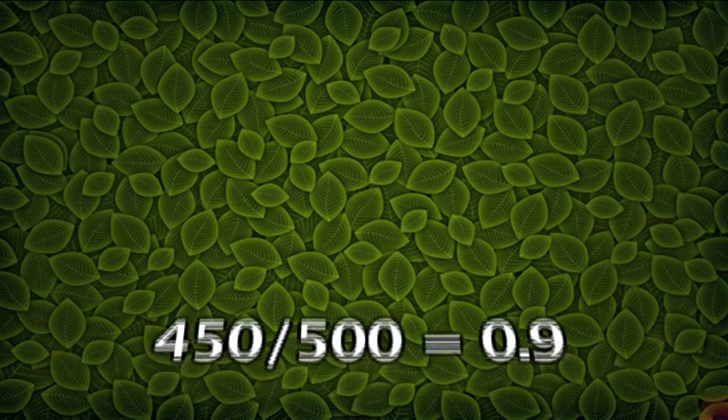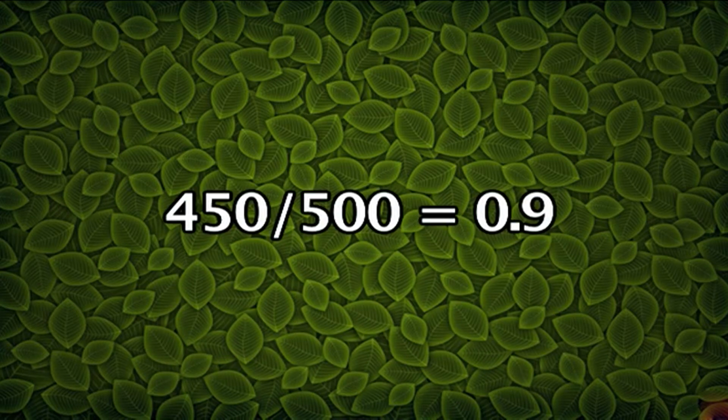For example, we mark 500 plants initially and find 450 when we recensus. We estimate the survival probability as 450 divided by 500, which is equal to 0.9.